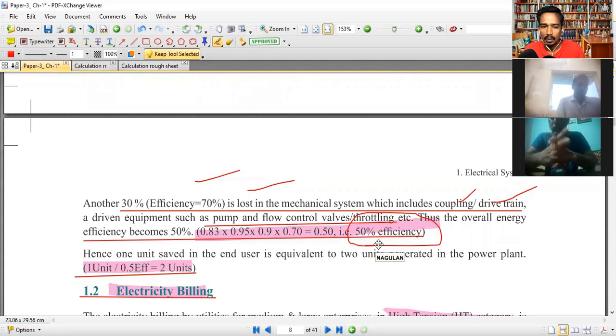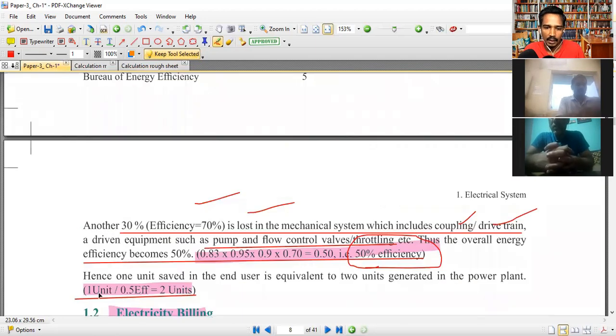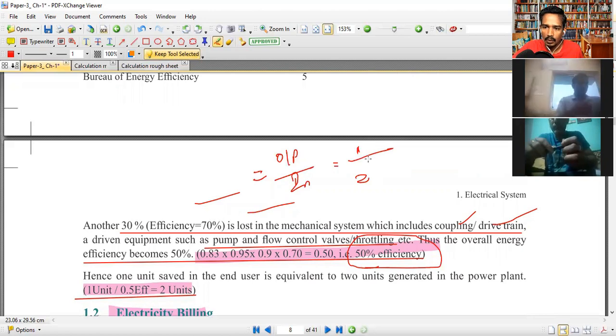If you are giving 2 units, they are using only 1 unit. You understand now? Efficiency equals output by input. Input is two units, output is 1 unit. So it is 50%.